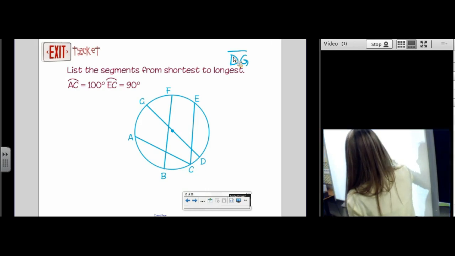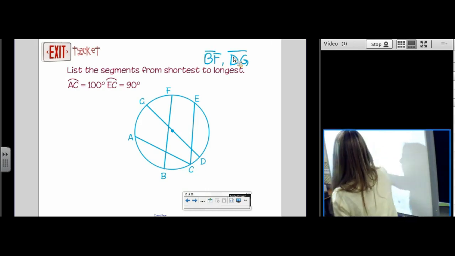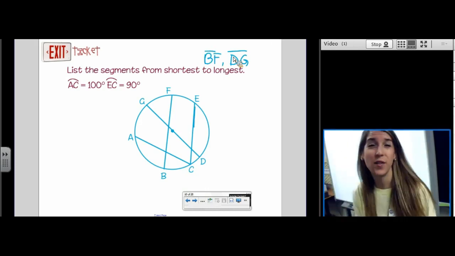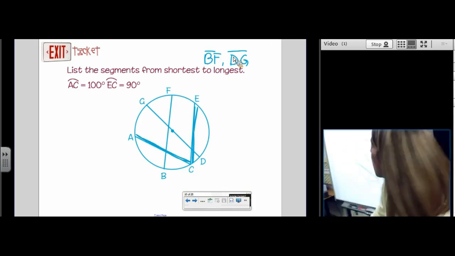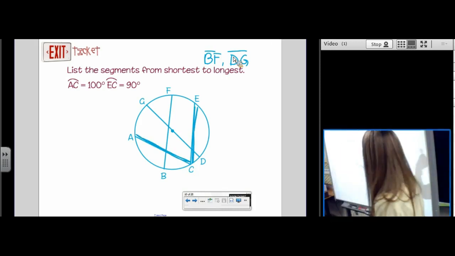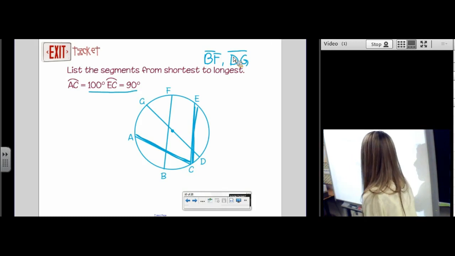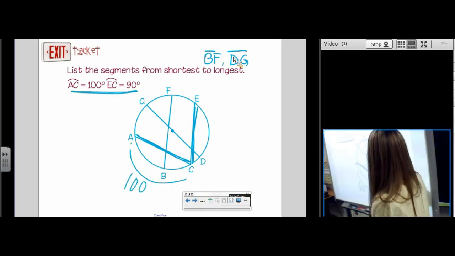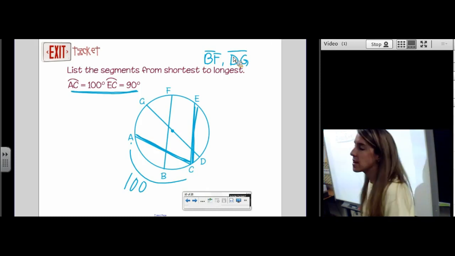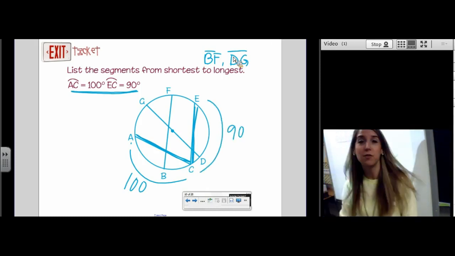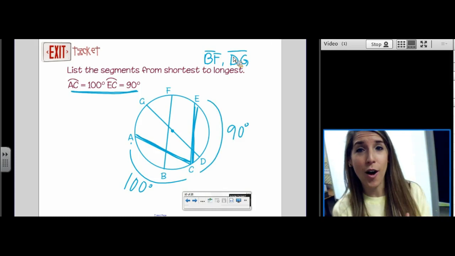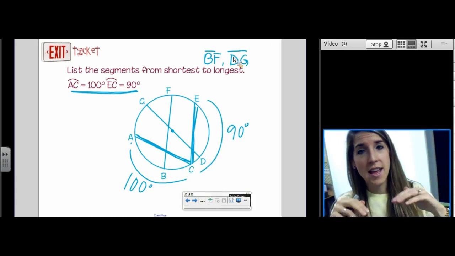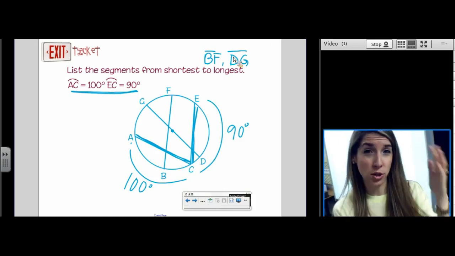Now these two, it's kind of hard to tell which one is further away from the center. So that's when we're going to use these right here. AC is 100 and EC is 90. Now, congruent chords intercept congruent arcs. So the chord's length is kind of proportional to its arc.